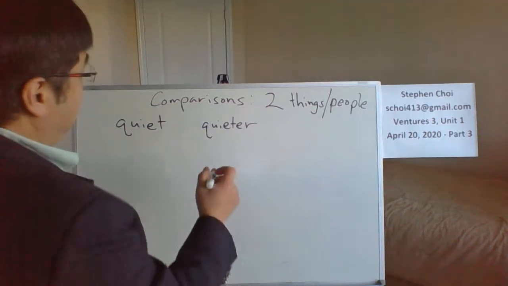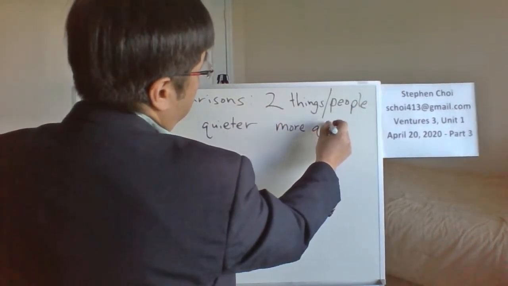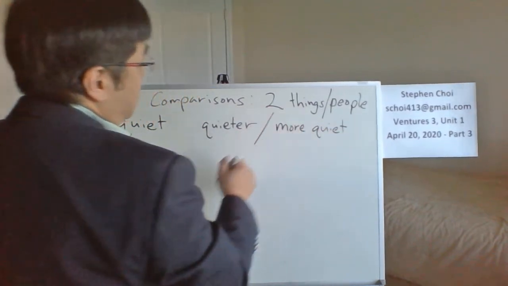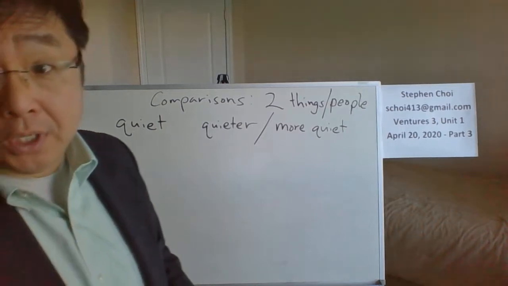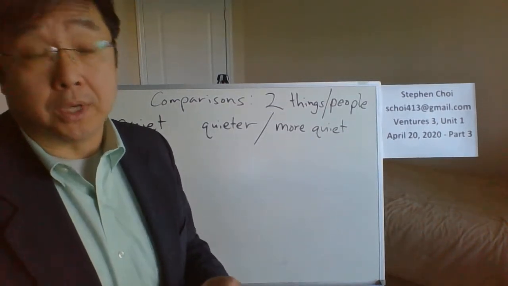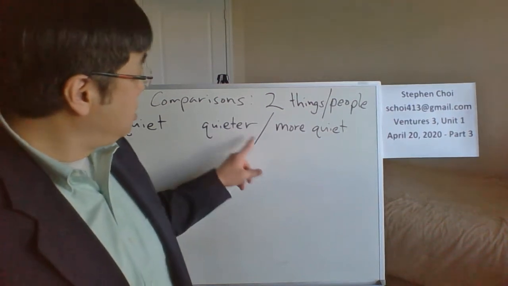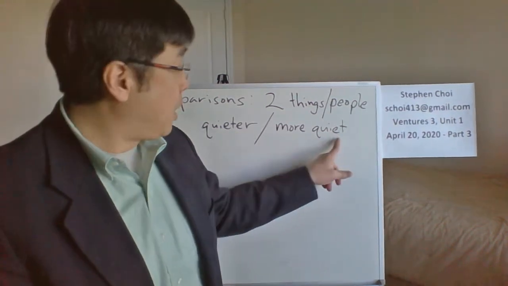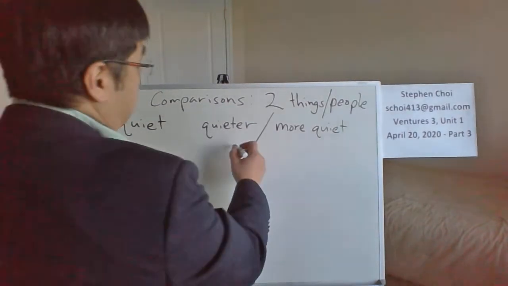Or you can say more quiet. So some adjectives you can do both. Usually, like two-syllable words, you can just put er, or you can put more quiet, but you never put more quieter. So you don't want to do both.